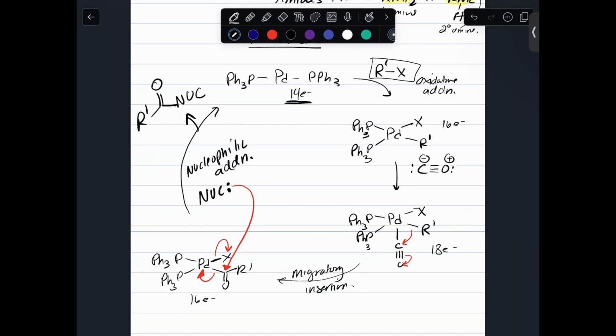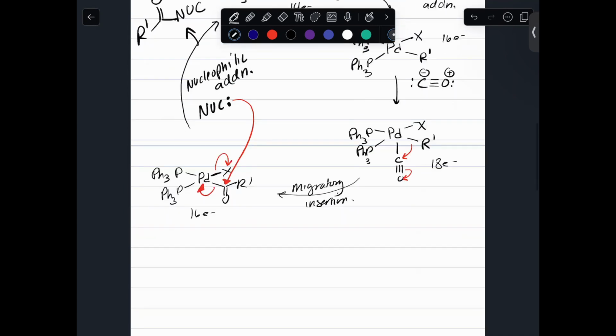So now let me show you a couple of examples with actual nucleophiles as opposed to just a general mechanism.